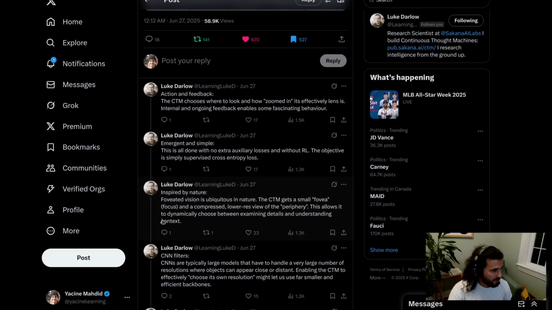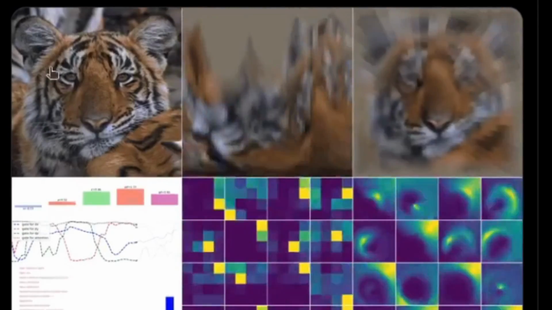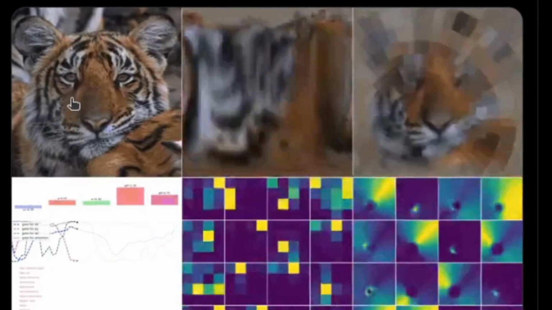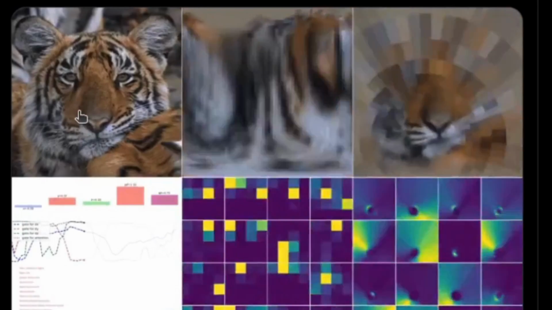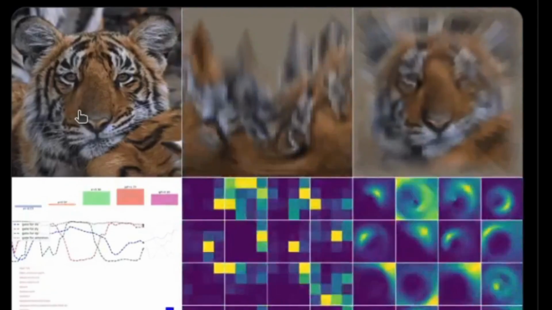So here they get a small fovea focus and a compressed low resolution view of the periphery, and it allows them to dynamically choose between examining detail and understanding context by deciding where to look, kind of like a focus area that you have. This is what the model is getting as input, and clearly there's a middle thing moving around, which is where it's focusing.